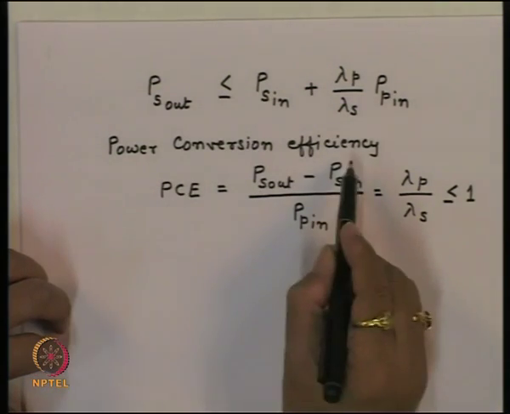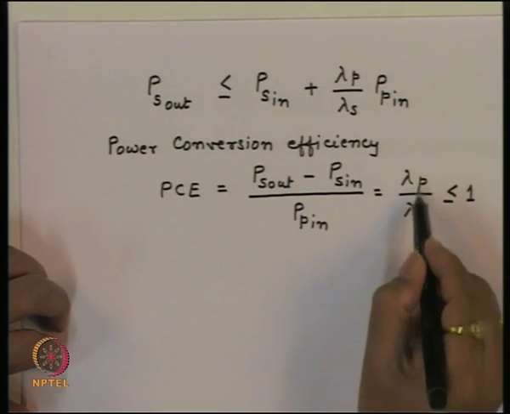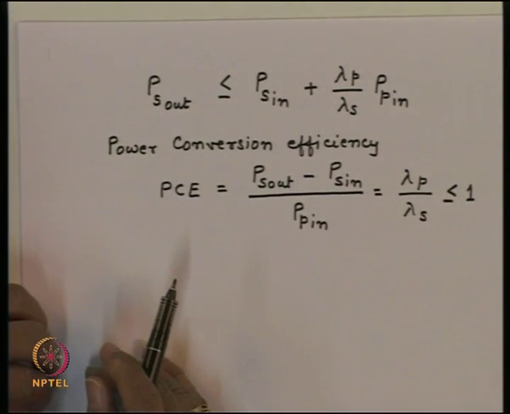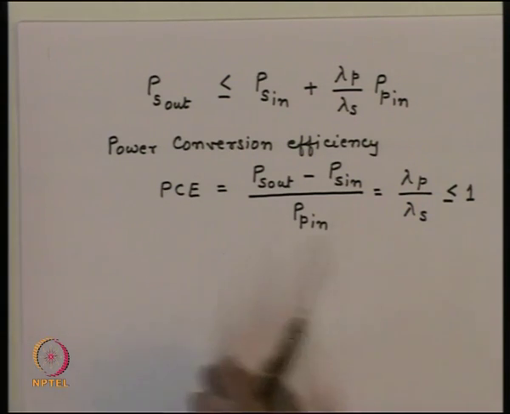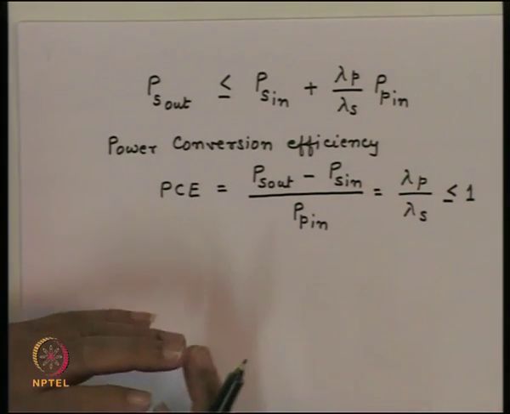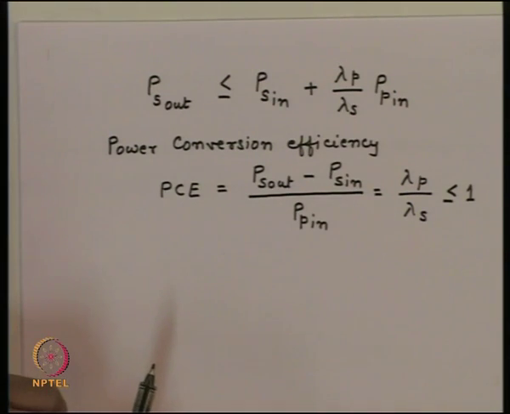Now the power conversion efficiency, since it is a ratio of lambda P and lambda S, does not actually tell you the same number as the quantum efficiency, because it depends upon the relative wavelengths which are used.